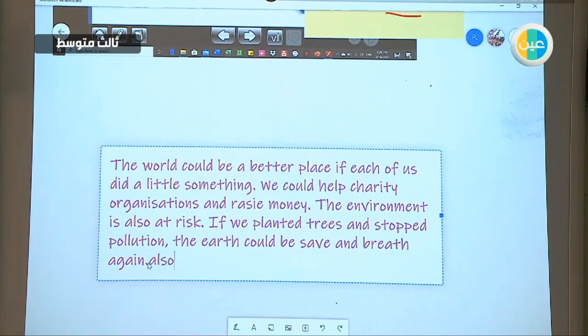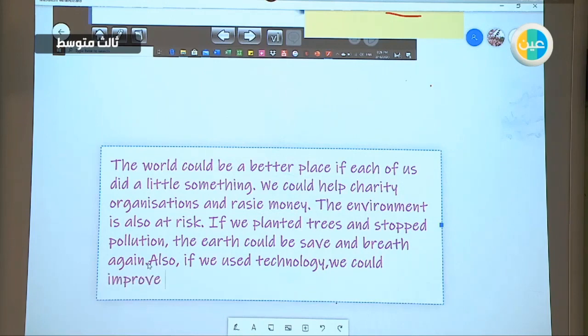Also, it should be capital. Also, if we used technology, we could improve medicine.